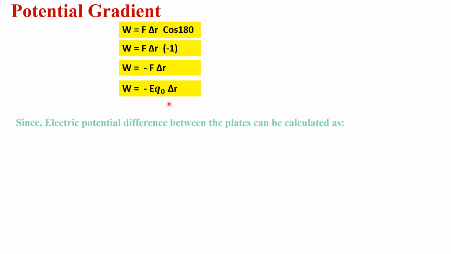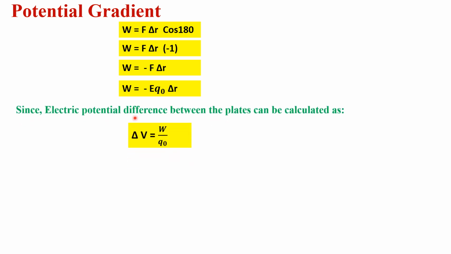Since the electric potential difference between the plates can be calculated as delta V = W / Q0, putting the value of work done from the above equation, we get del V = -Q0 E del r divided by Q0. Q0 cancels Q0, and then we get del V = -E del r.